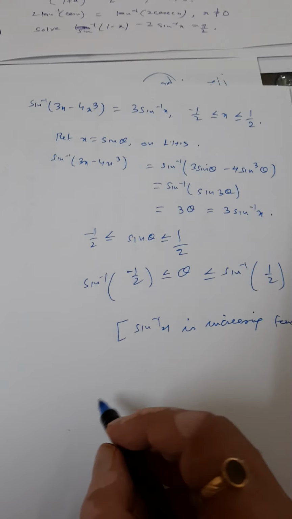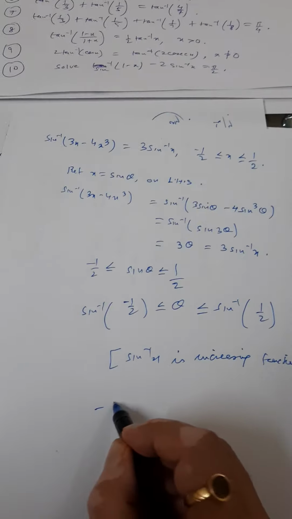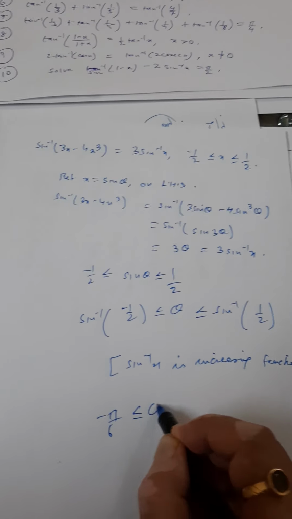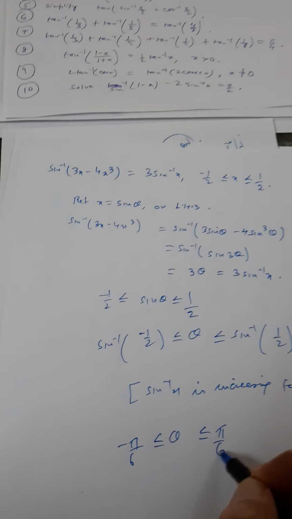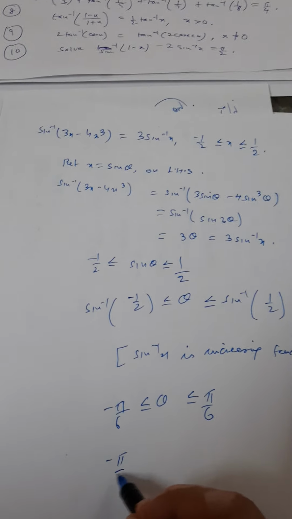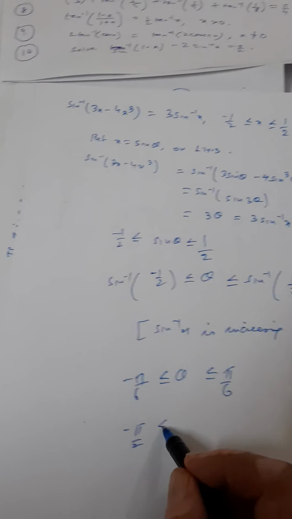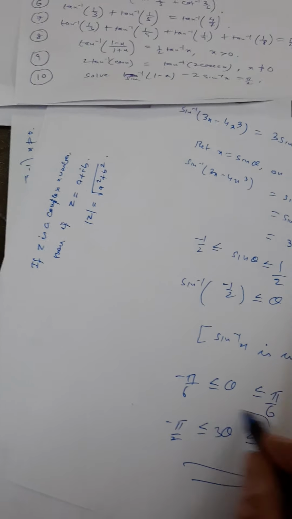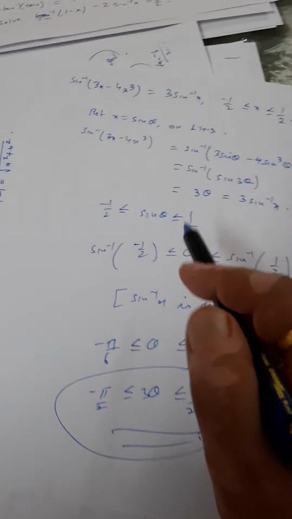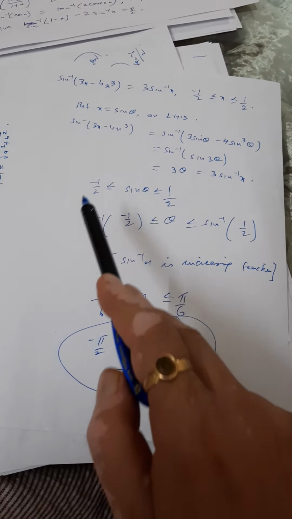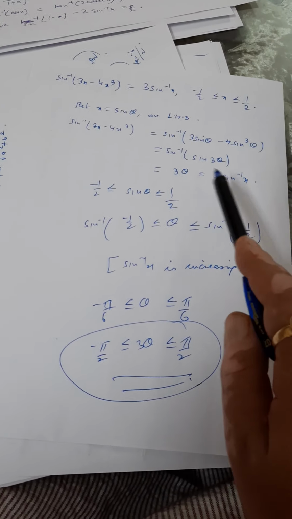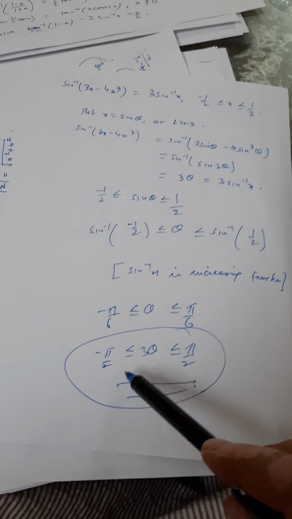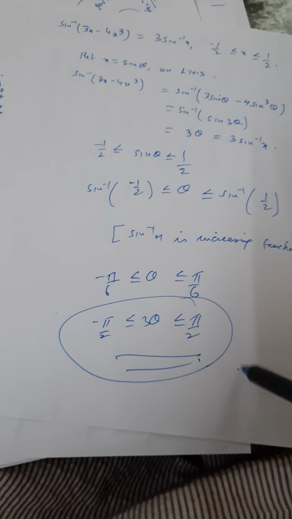If it's decreasing, it will reverse. So you have minus pi by 6 less than theta less than pi by 6. This is minus pi by 2 less than 3 theta less than pi by 2. So that's in range only. So sine inverse of sine 3 theta is 3 theta. 3 theta lies between minus pi by 2 and pi by 2.